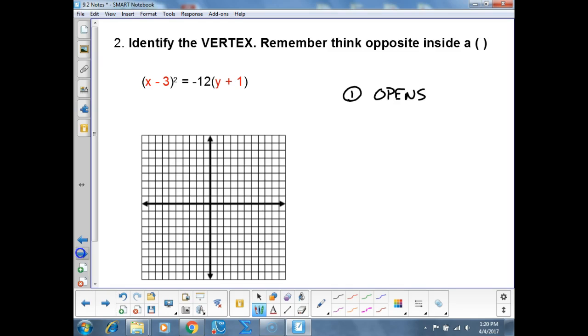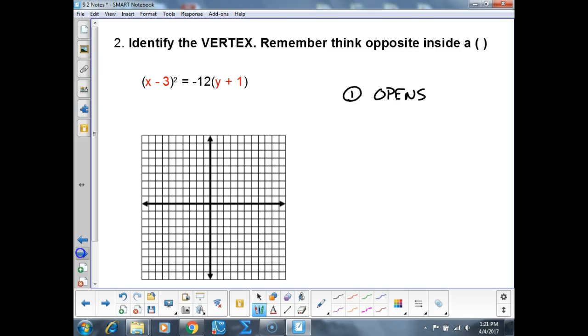What's squared? X is squared, so that's up or down, right? And is that 4p term positive or negative? It's negative, so that means it opens which way, Owen?